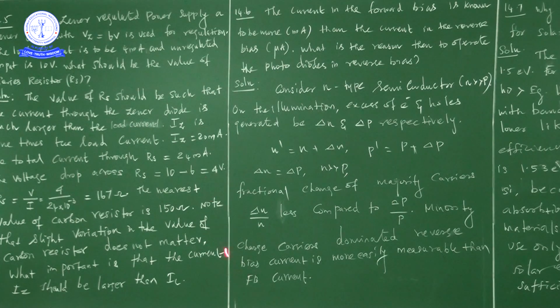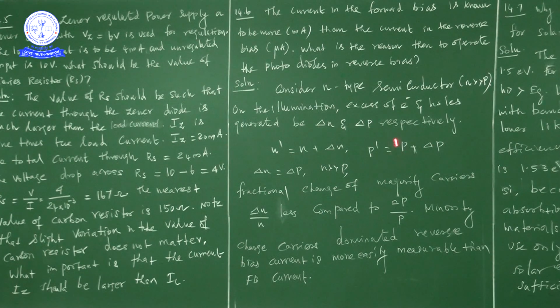The excess electrons are represented by delta n and the holes by delta p. Then the total number of electrons is n dash equal to n plus delta n. The number of holes after illumination is p plus delta p.